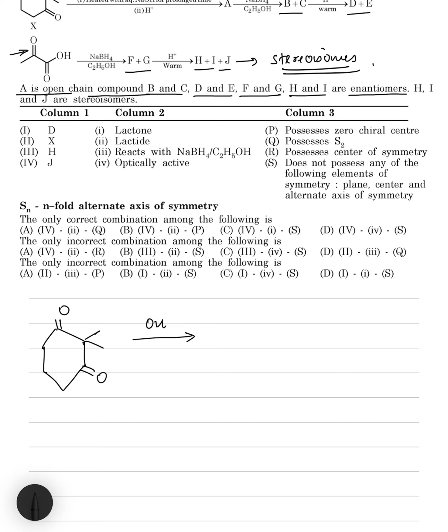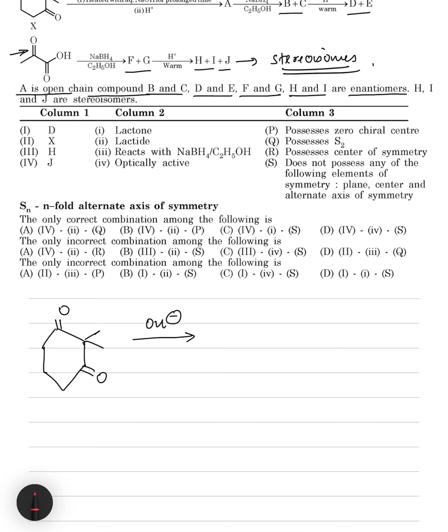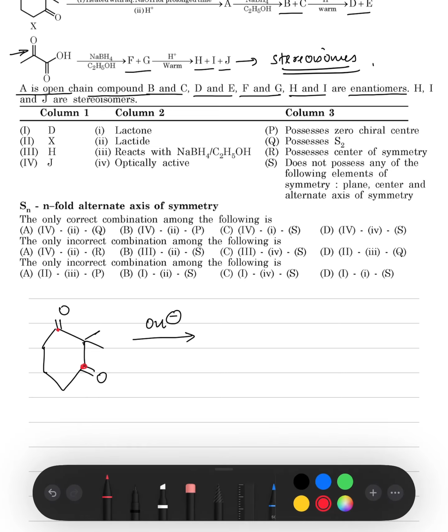OH minus, obtained from NaOH, is a nucleophile, and this nucleophile will attack the electrophilic site. The electrophilic sites here are this carbonyl carbon as well as this carbonyl carbon, since the molecule is symmetrical in nature. This molecule has a plane of symmetry, that's why it is symmetrical. So this OH minus can easily attack at either site.